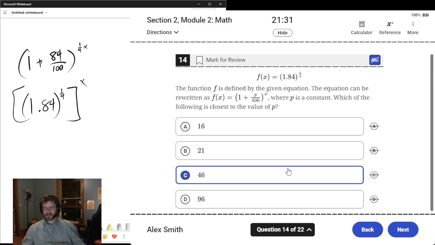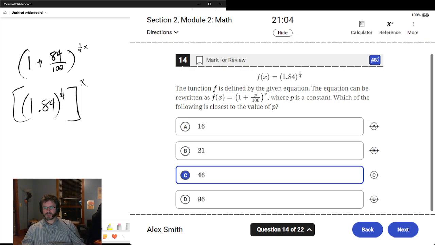So closest value of p. I was looking for 64. That is a 4, right? Yeah.